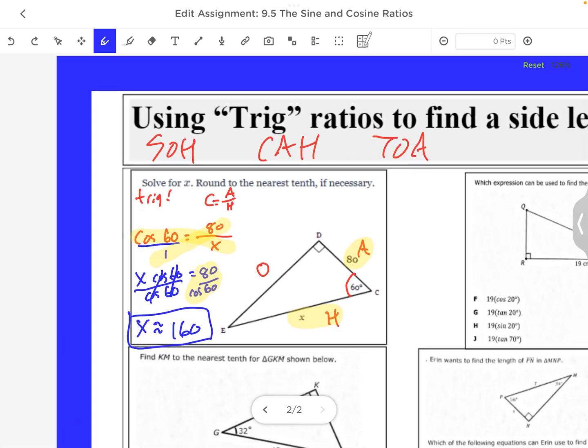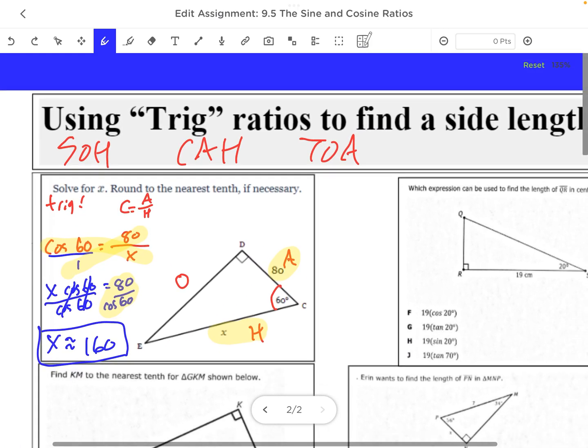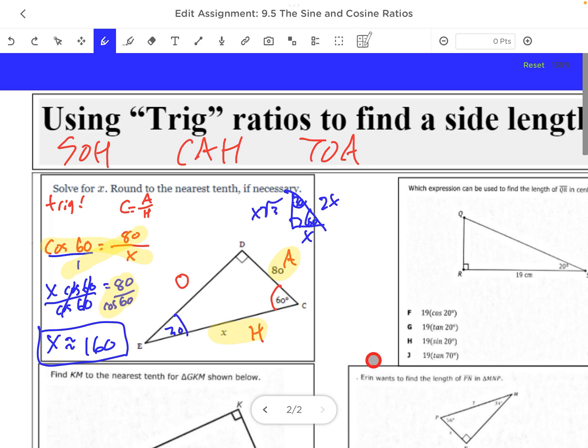One thing you may have noticed is that this is a 30-60-90 triangle, because if that's 60, this has to be 30. If we remember, the hypotenuse is twice as long as the short side, and the long side was x times the square root of 3.